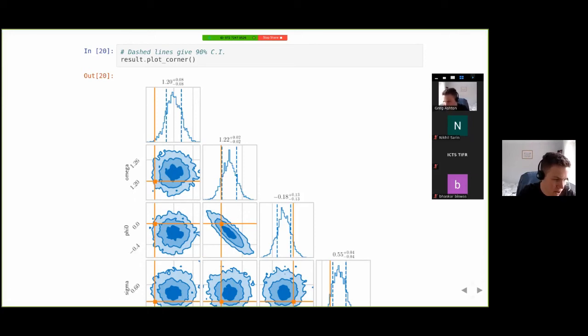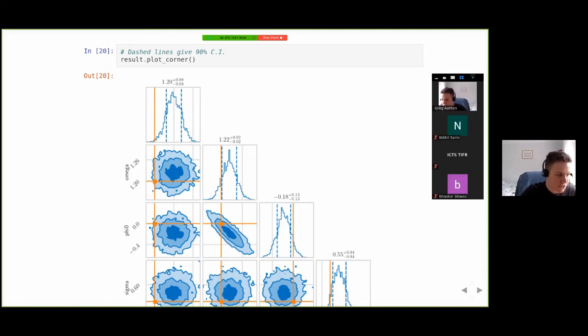If the prior ranges are large, will nLive also need to be large? I would say no. You should probably just go with a standard nLive of 500 or 1,000. If you're doing something quick and dirty, 500 is fine. 1,000 we found works very well for typical gravitational wave parameter problems.